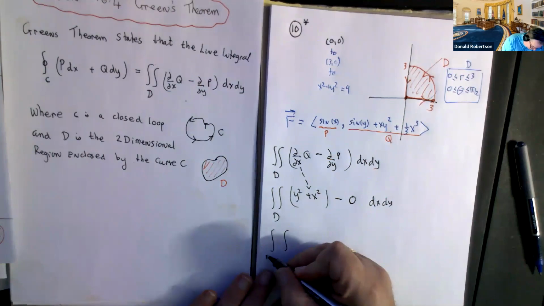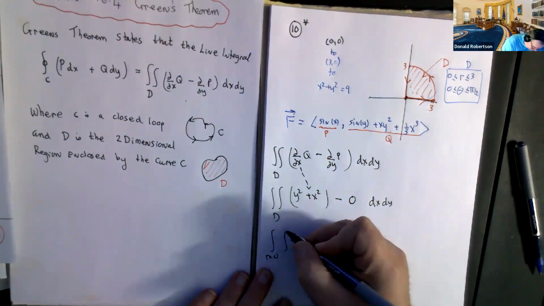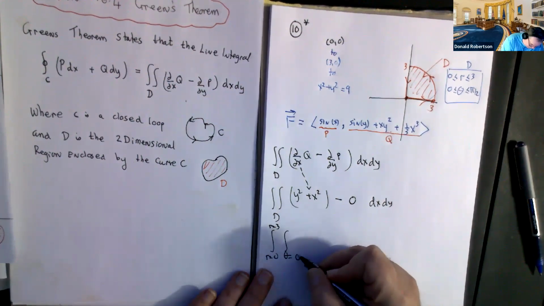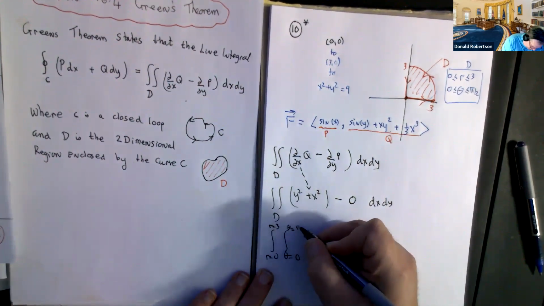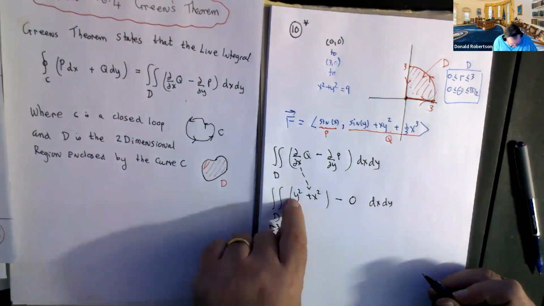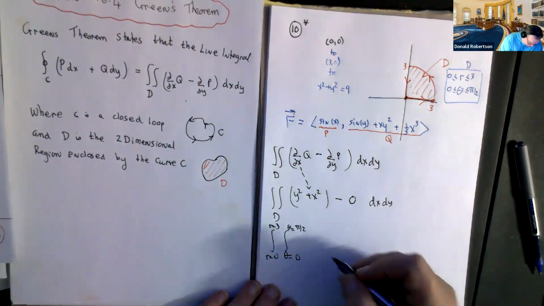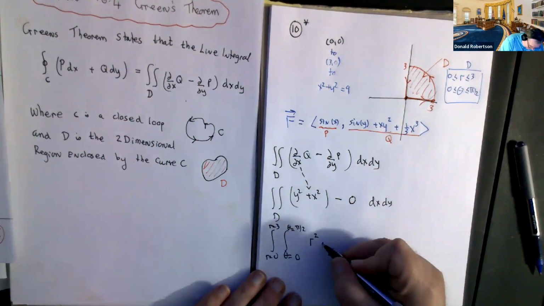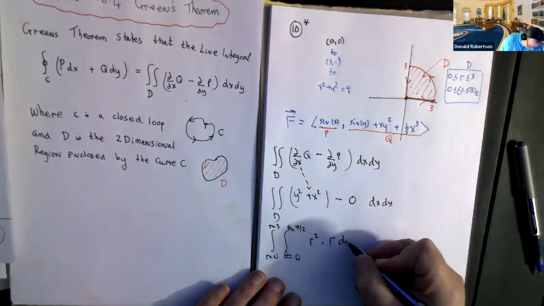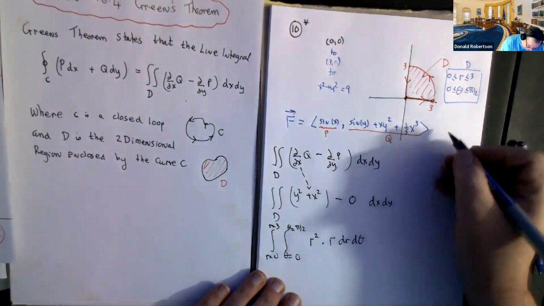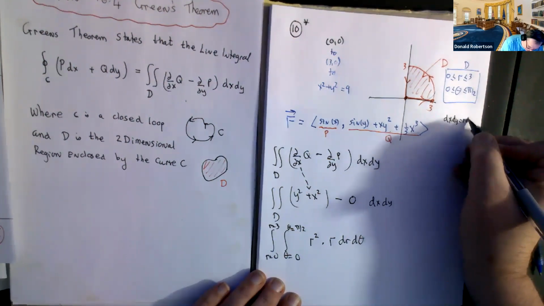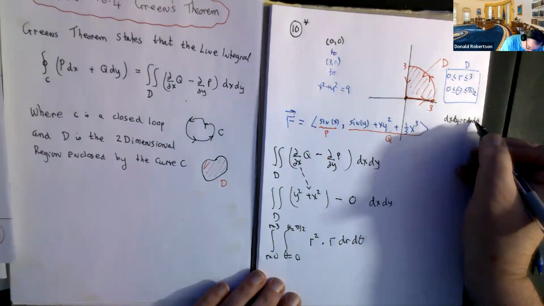The r is going to go 0 to 3. The theta is going to go 0 to pi upon 2. x squared plus y squared is just r squared. dx dy gets replaced by r dr d theta. If you remember, dx dy is r dr d theta.